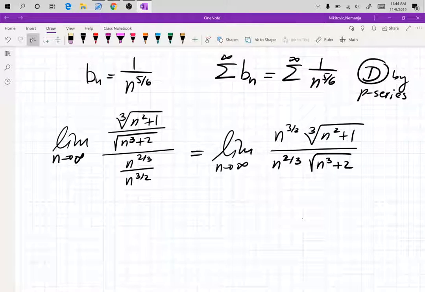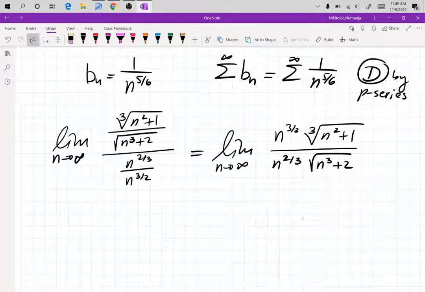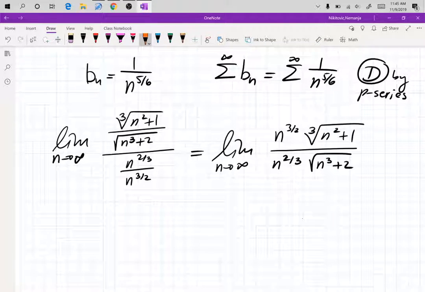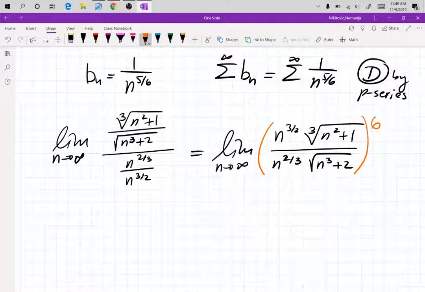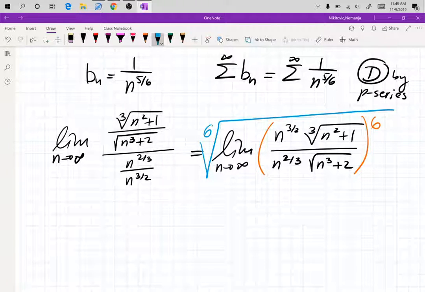We have all these roots. So let's do some mathematical flexing. Ready? Would you agree that the sixth power would kill off all of the roots? It would, right? So if I raise this to the sixth power, and then put the sixth root to counter it.